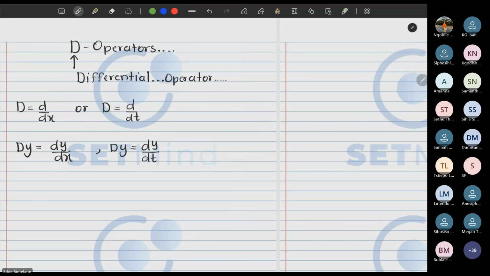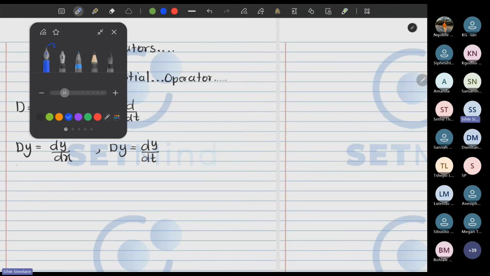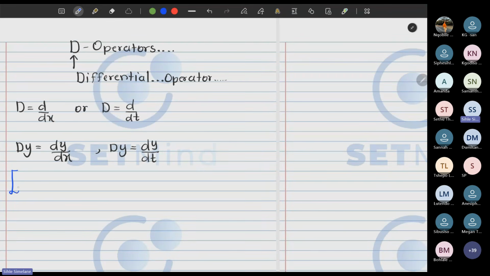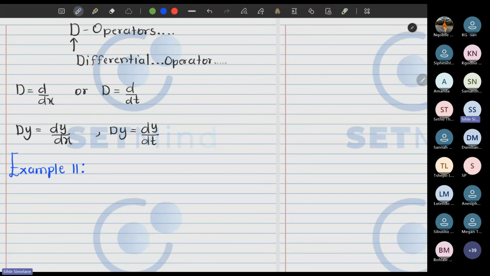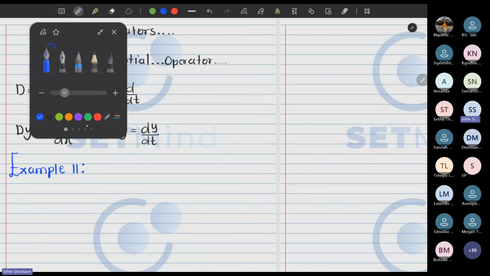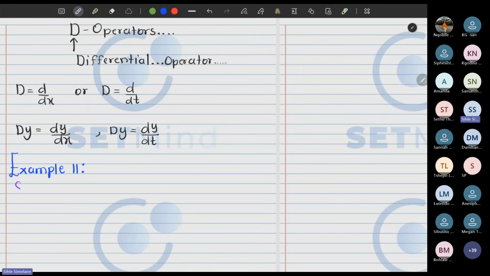Now the first question I want to bring to you, which I'm going to call example 11, comes from your tutorials. With this example, we are required to show that D squared plus 3D plus 2 is a linear operator.